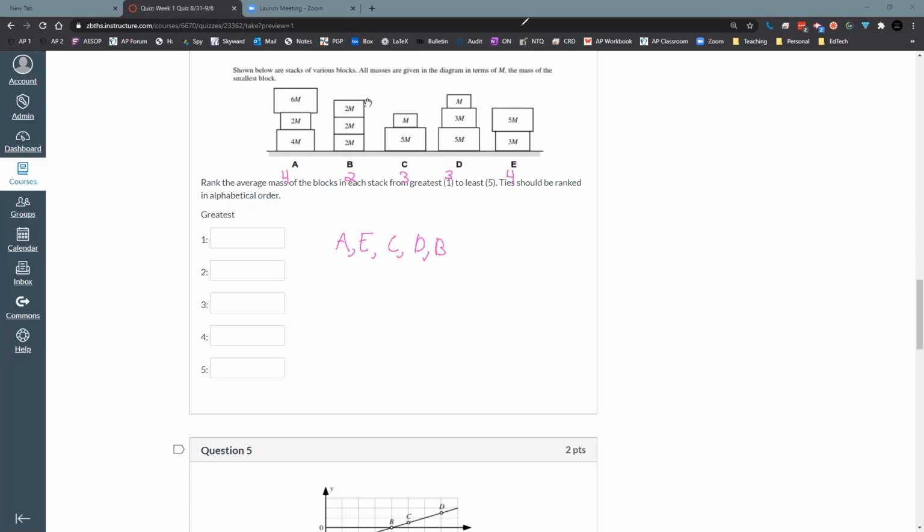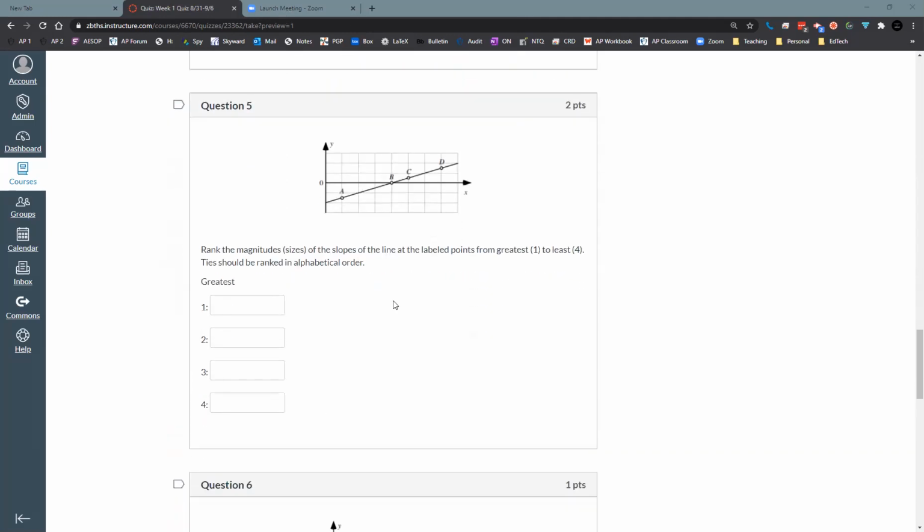All right, moving on to question 5, and now we are into the graphing questions. Rank the magnitudes or sizes of the slopes of the line at the labeled points from greatest to least. Ties should be in alphabetical order. What we have here is a straight line. The defining characteristic of a straight line is that it has a constant slope.